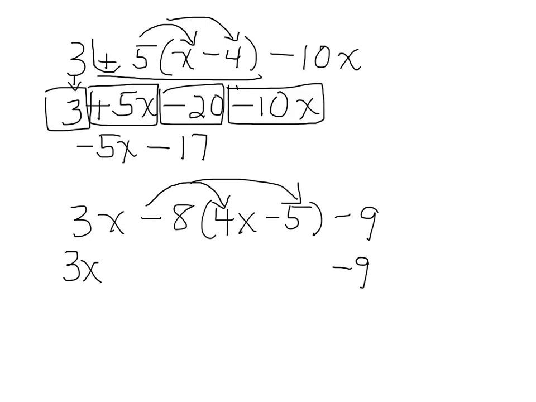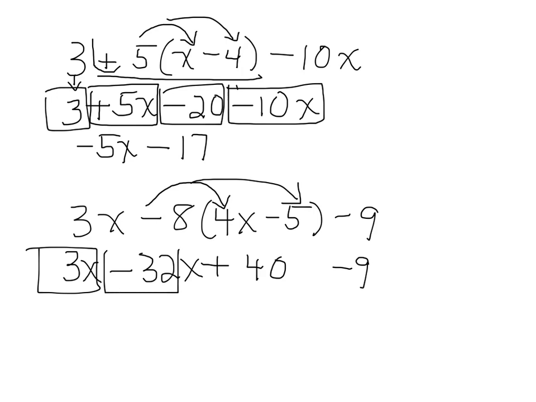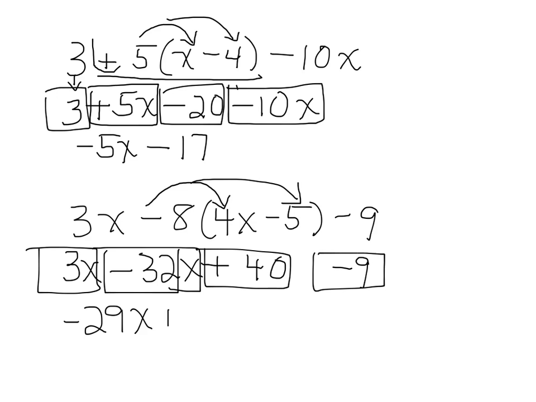Negative 8 times positive 4x is negative 32x. Negative 8 times negative 5 is positive, notice I'm writing plus 40. And now I'm going to combine these like terms. Positive 3x and negative 32x is negative 29x, and positive 40 minus 9 is positive 31.